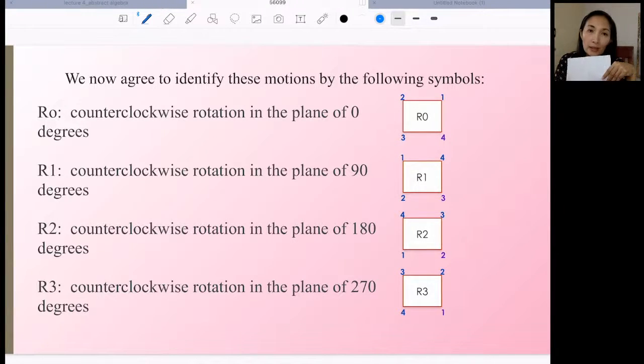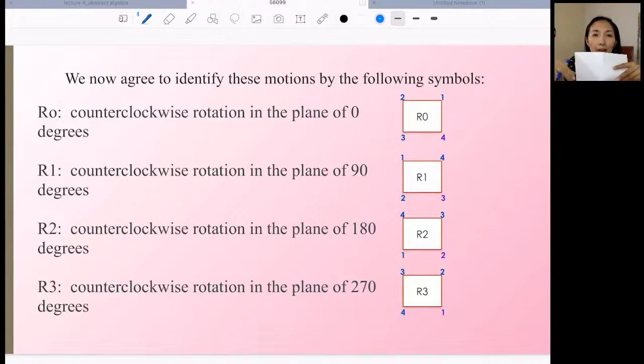R sub 0, that's the original position. R sub 1 is counterclockwise rotation by 90 degrees. R sub 2 is counterclockwise rotation by 180 degrees. And R sub 3 is counterclockwise rotation by 270 degrees.